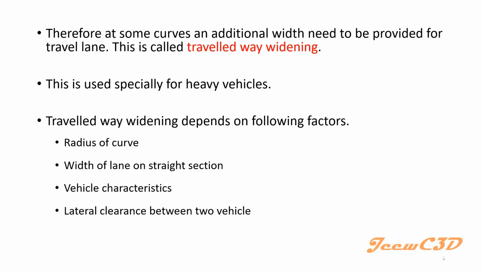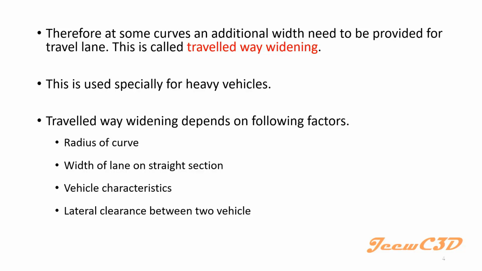So we have to assign widening on curves according to the design vehicle. Then the last one is lateral clearance between two vehicles, because when a vehicle is traveling on a curve and another vehicle is coming on the other side of the curve, or if this vehicle is overtaking another vehicle, there may be a small gap between the two vehicles when the overtaking takes place.